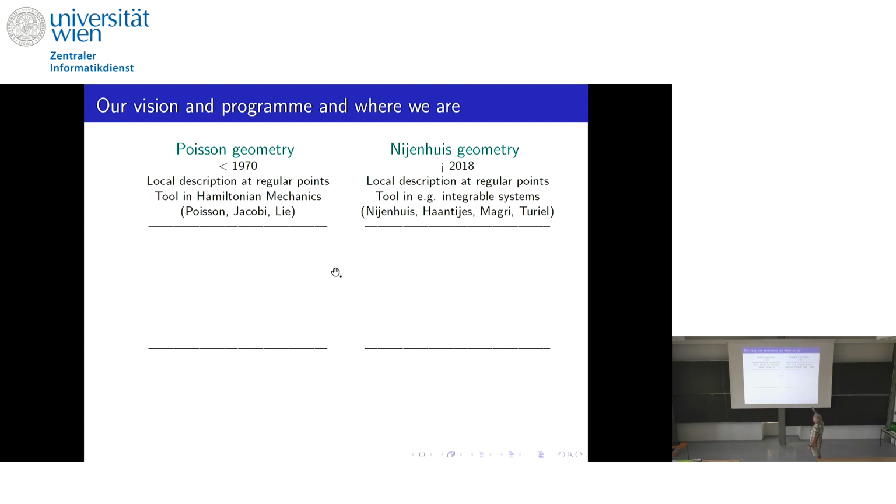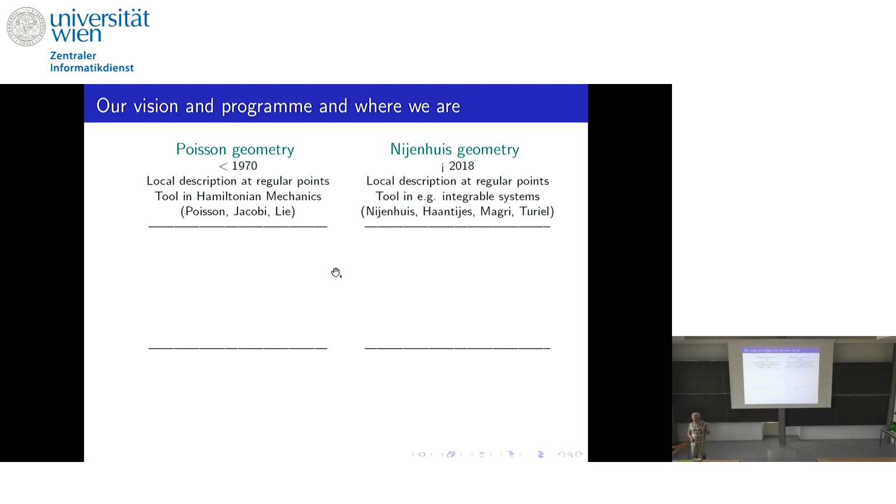So our vision is as follows. An example of applying the same step is Poisson geometry. Before roughly the 1970s, more or less every mathematician knew the local description of Poisson structures at regular points and used Poisson geometry as a tool in Hamiltonian mechanics. It was started by very classical figures: Poisson himself just wrote one formula.